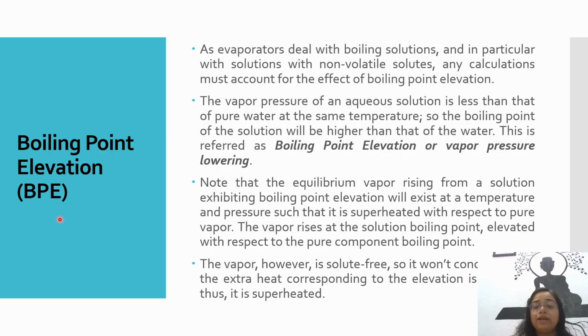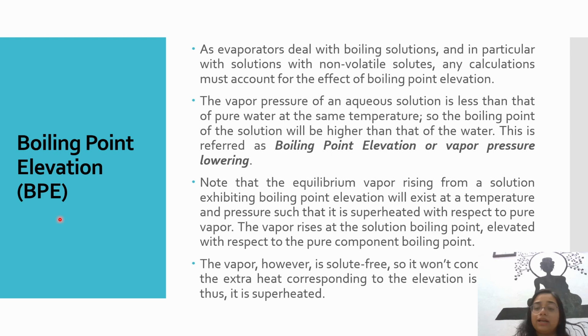If we add some more sugar, again the boiling point has increased. So we can conclude that if we increase the concentration of a solute in a solution, the boiling point of that solution gradually increases. This phenomenon is known as the boiling point elevation.